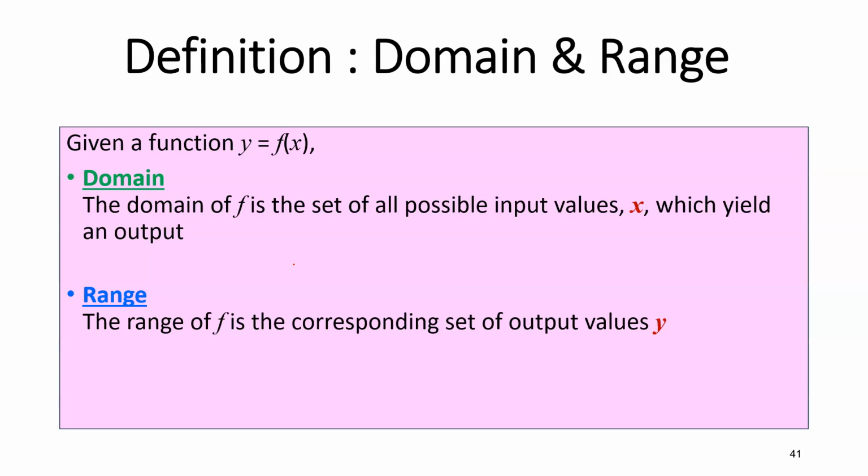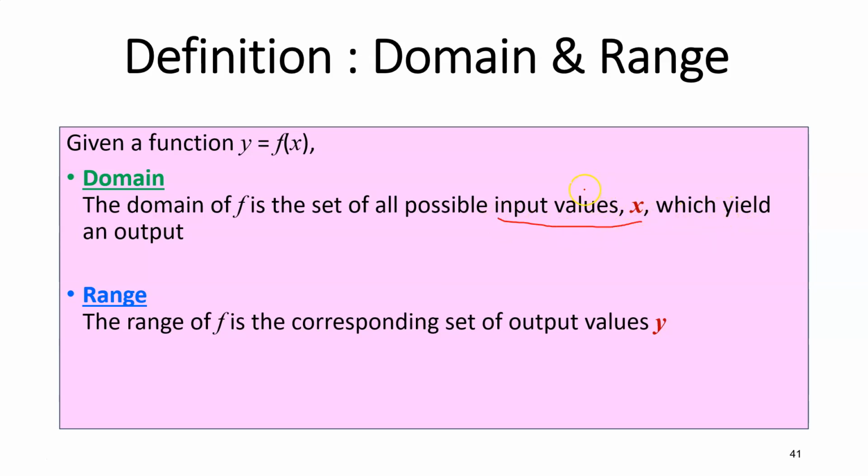So this is actually the definition for domain. When you have domain, you will have range as well. Because domain is input, range is output. Okay. Given a function y equal to fx, the domain of f is the set of all possible input values x. Dia kata possible input value x, any value, which yield an output.